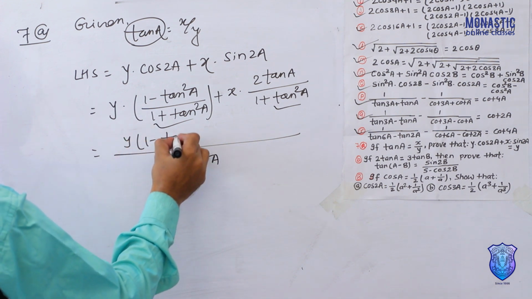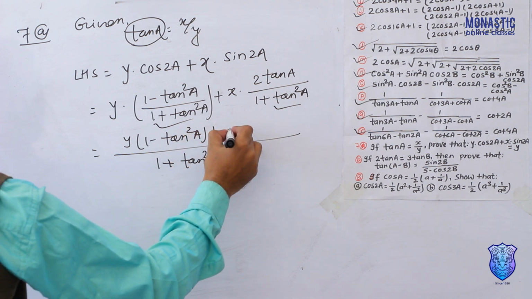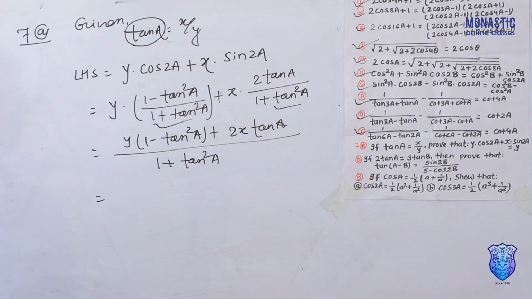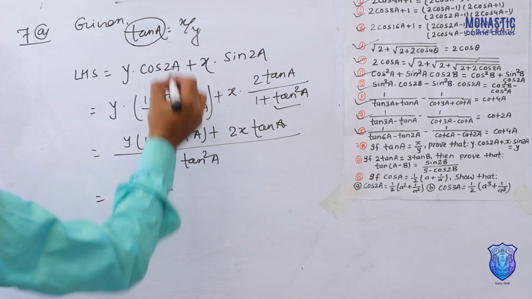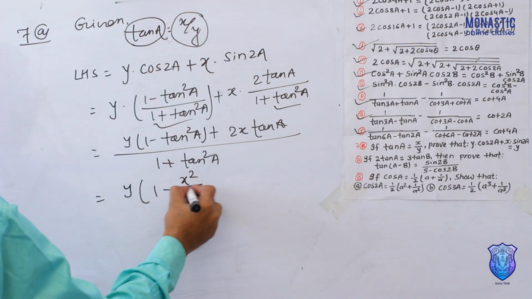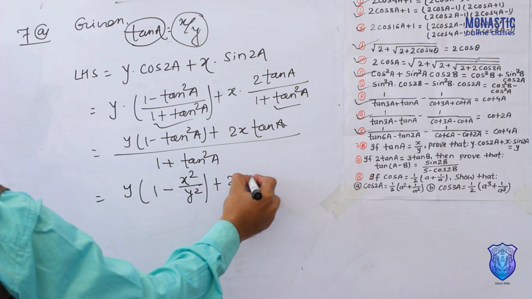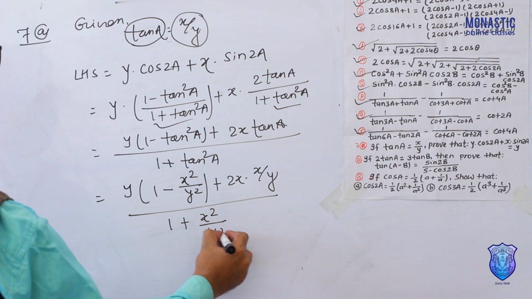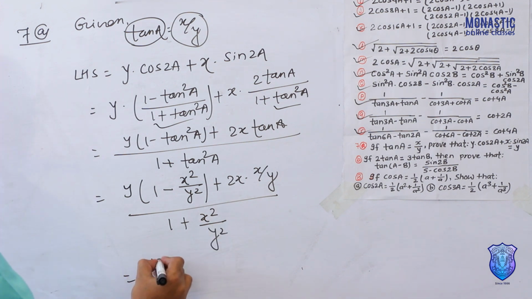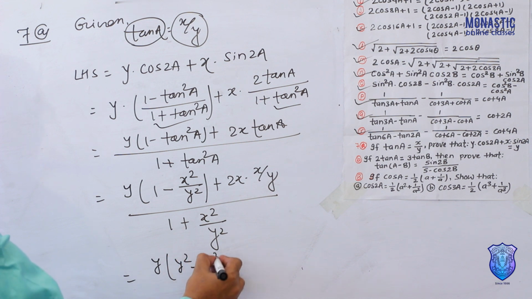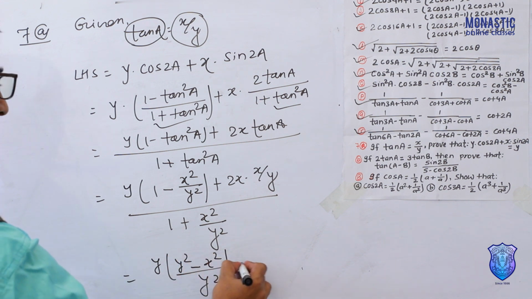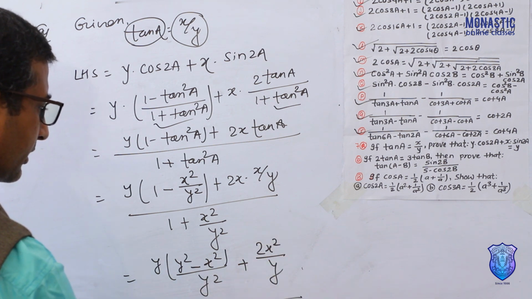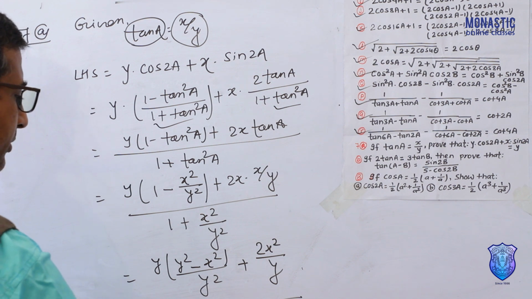Y into 1 minus tan square a plus 2x tan a. Now we can substitute the value of tan a. The tan square a value will be x square by y square. Here in place of tan a x by y, here again x square by y square. Take the LCM. Y square minus x square by y square plus 2x square by y. Here it came y square plus x square.